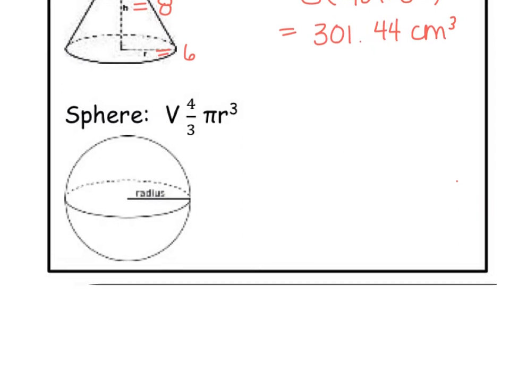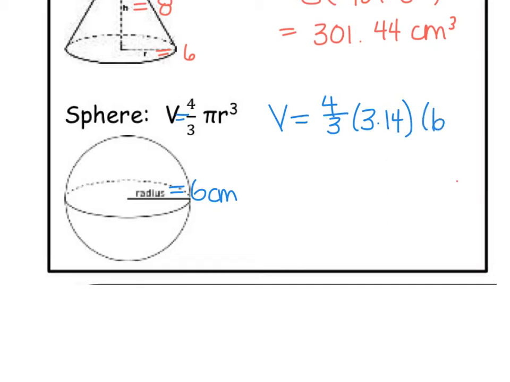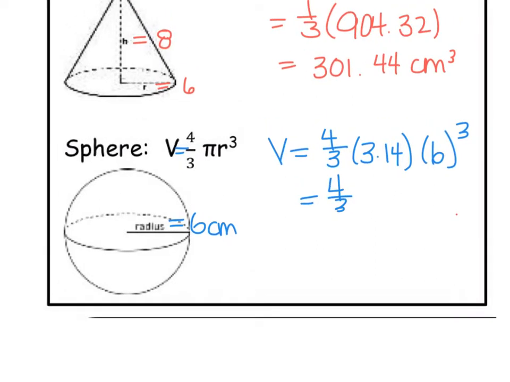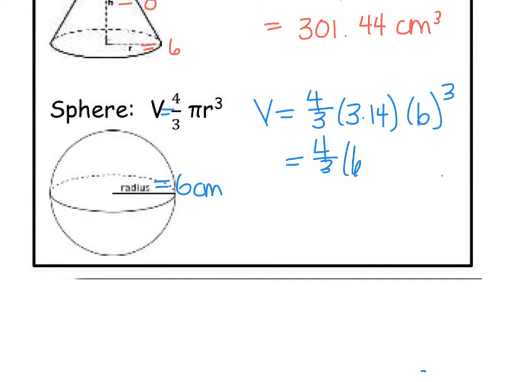Last but not least, we have a sphere, and this sphere has the same radius as the cone and the cylinder above. The volume of this is 4/3 times pi times the radius, in this case, cubed. And so it is 4/3 times 678.24, and we get 904.32 cubic centimeters.